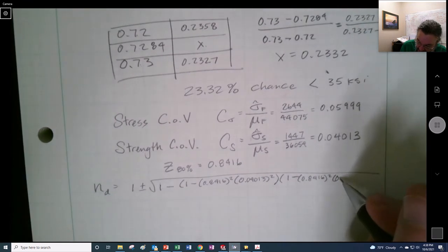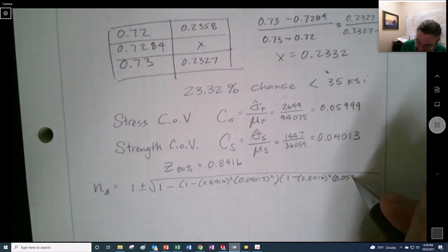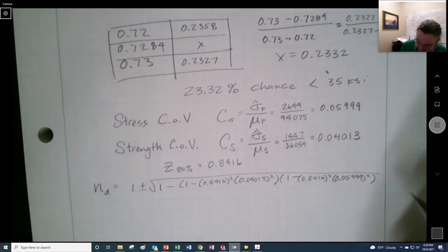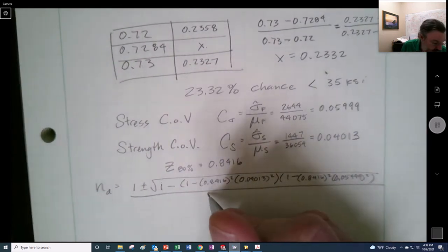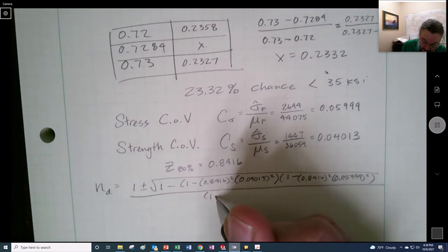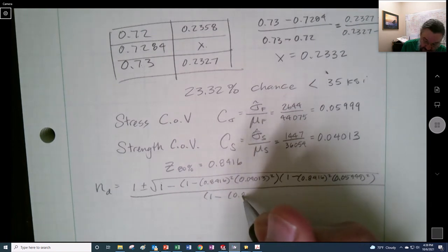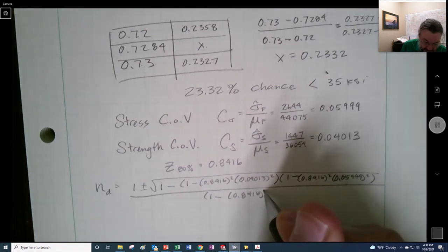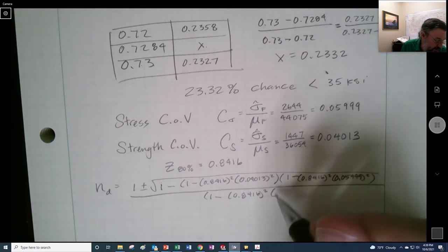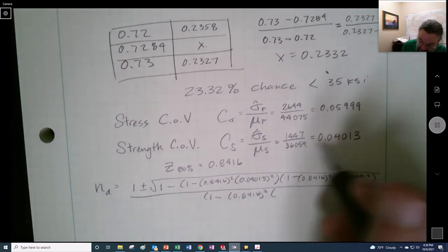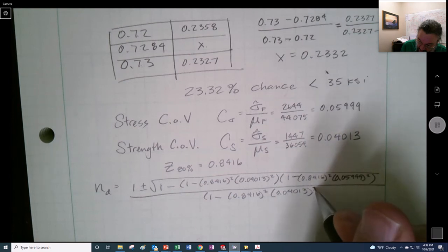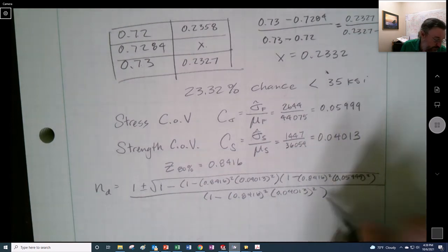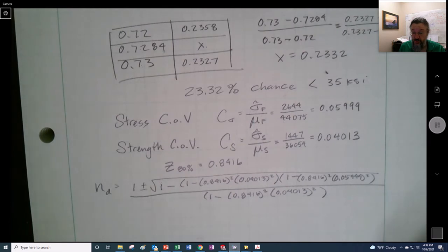Now we're going to use 0.05999 squared, and divide. And now on the denominator, we got 1 minus 0.8416 squared, and it's CS, so it's 0.04013 squared.